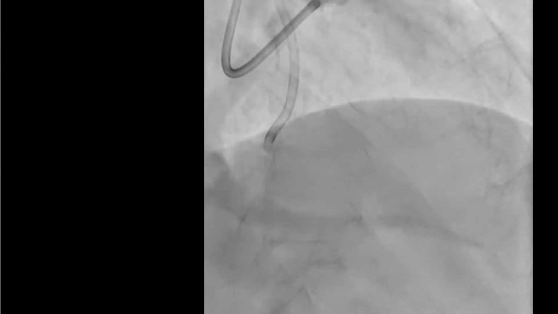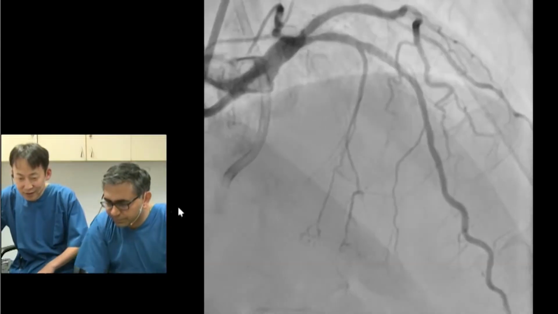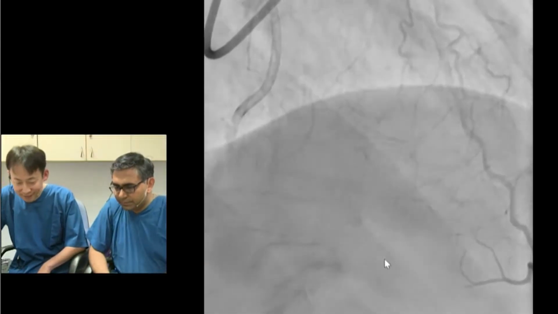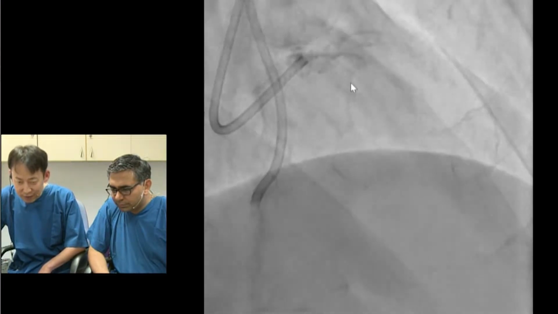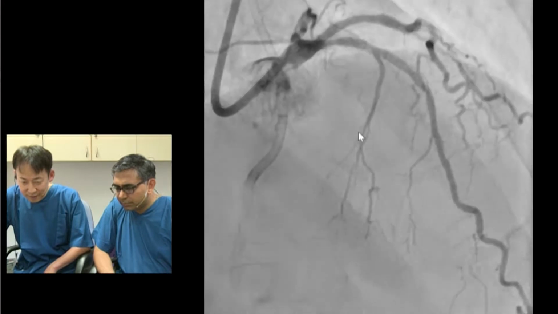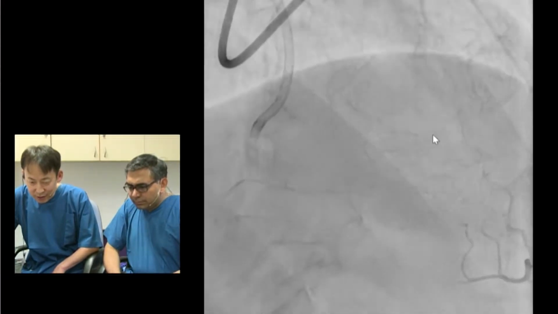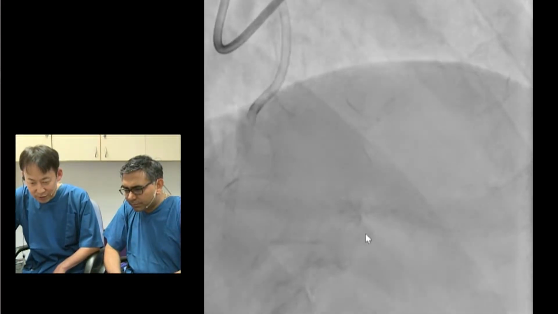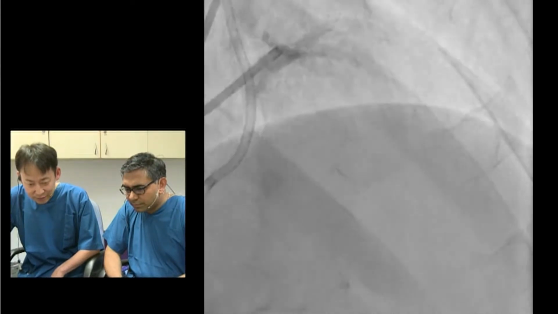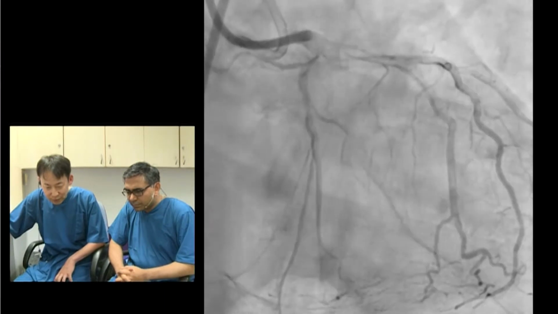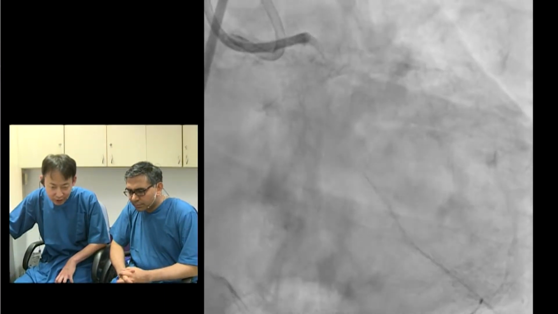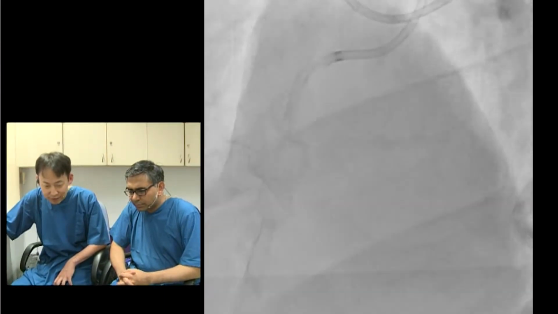Okay, this is the first shot from the AP cranial. You can see the 75% stenosis just at the orifice of the LAD, but we cannot see any collateral channel through the septal to the PD branch. This is the AP caudal view, which is the same.